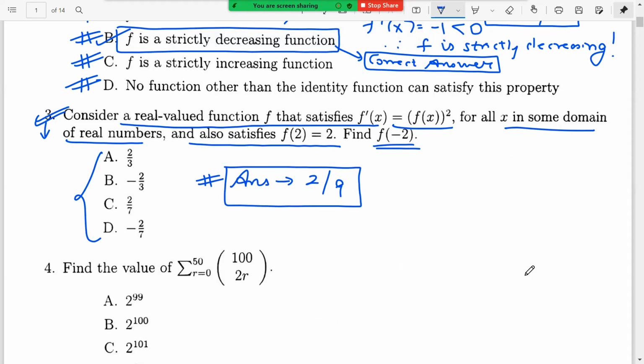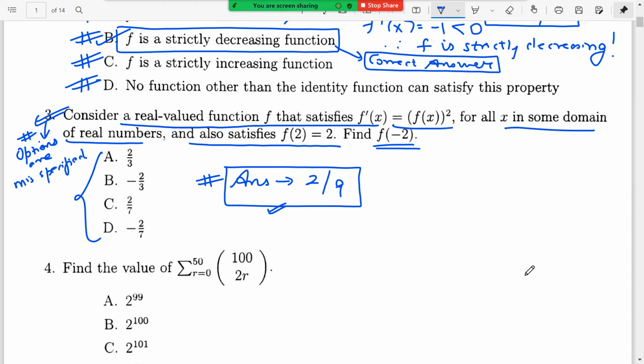So we can say that the options are misspecified. It's perfectly possible in the entrance for some of the options to be misspecified, or there might be some printing error in writing the correct options. The correct answer for this question is 2/9.